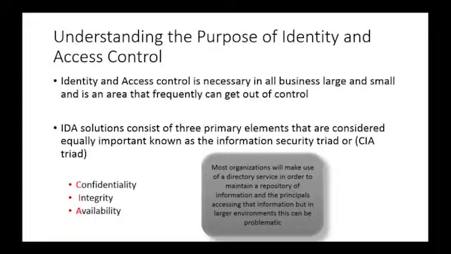Now, IDA solutions do consist of three primary elements that are considered equally important, and these are known as the CIA triad. CIA, of course, doesn't stand for anything related to the government. It's an acronym, or an acrostic, if you will, standing for confidentiality, integrity, and availability. Confidentiality: we need to make sure that the data that is stored on the network, on file servers and databases, applications, is confidential.